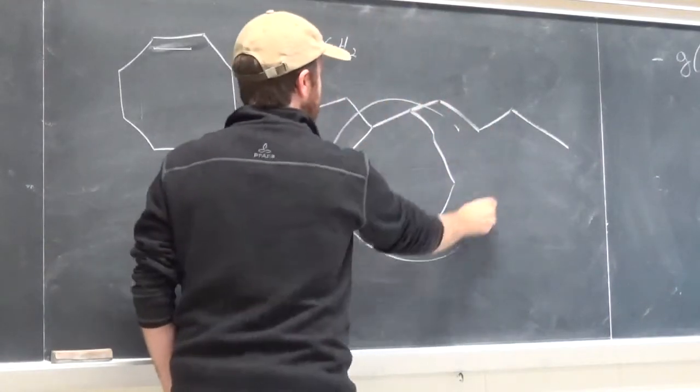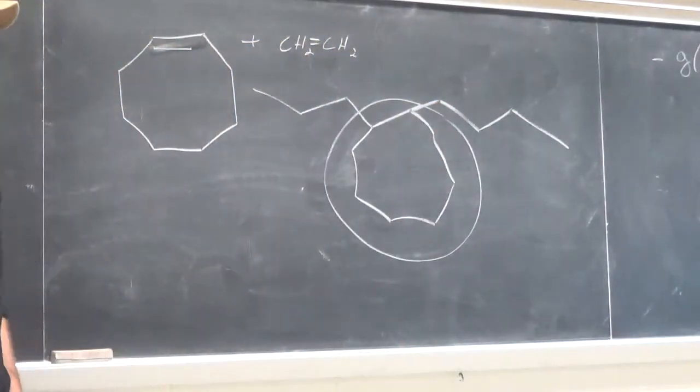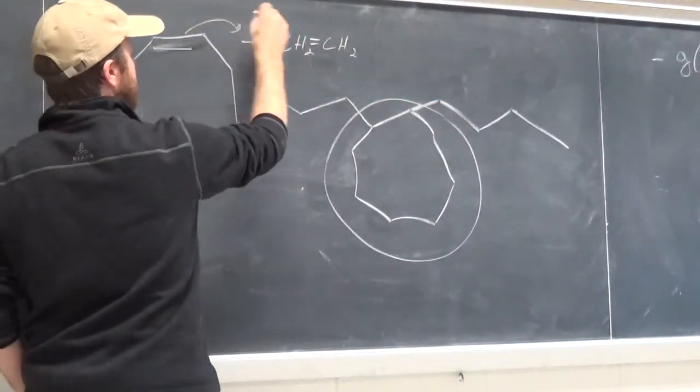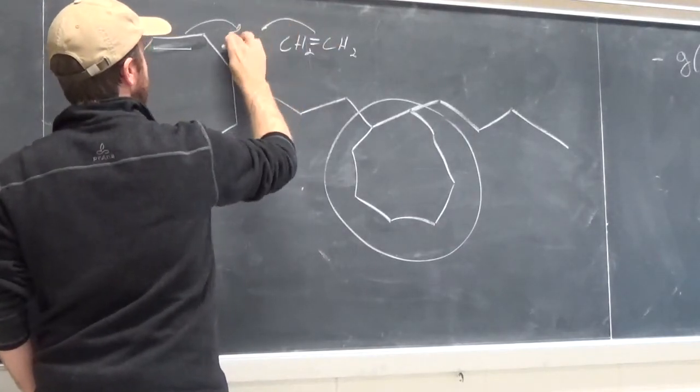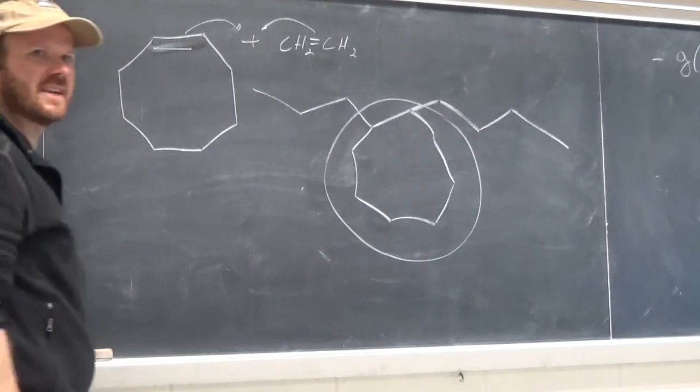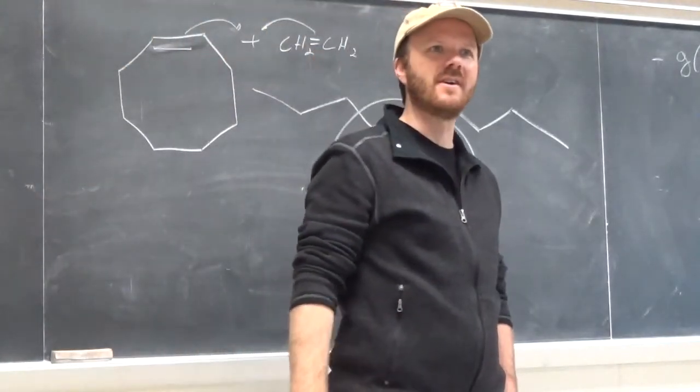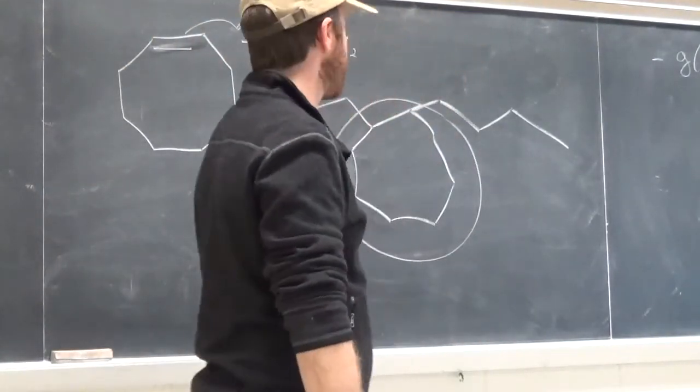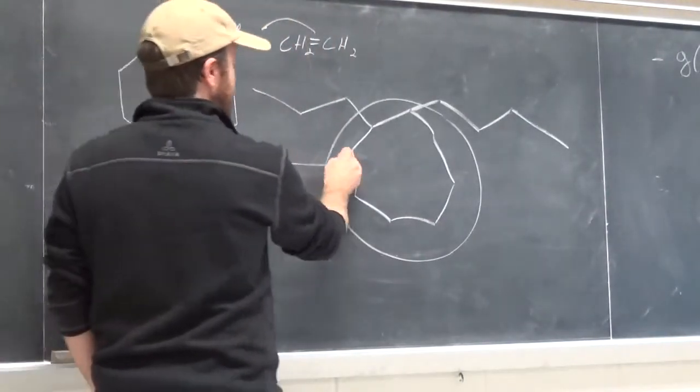So you can make cyclics inside of the ring because this will polymerize with ethane. And so I think that's a slide in one of the note sets where you can make cyclics in the chain.